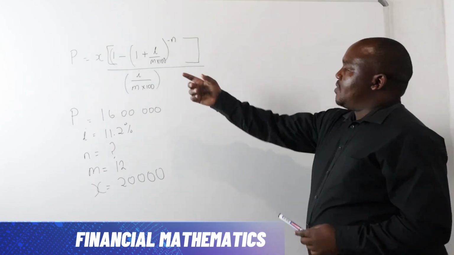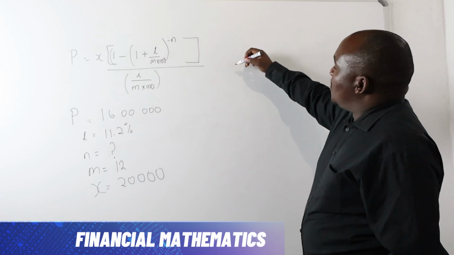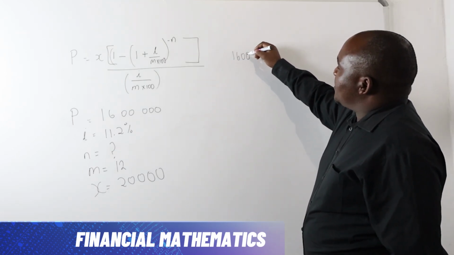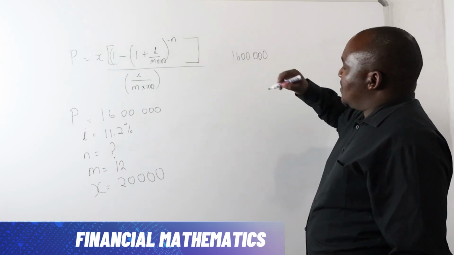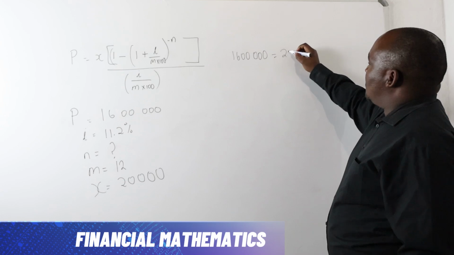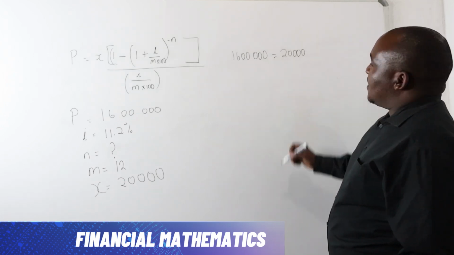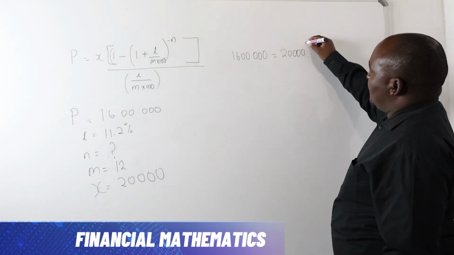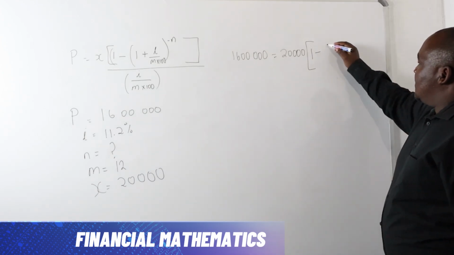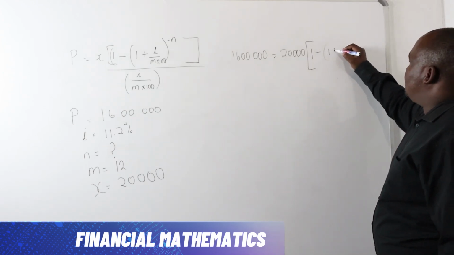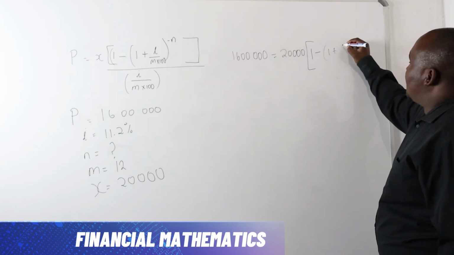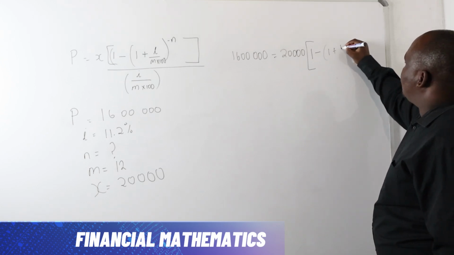We are given the value of P, which is 1.6 million, and then we are told that he's going to withdraw 20,000 a month, and we have 1 minus, into 1 plus interest, which is 11.2.